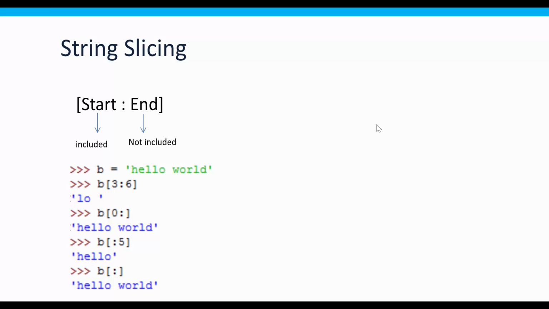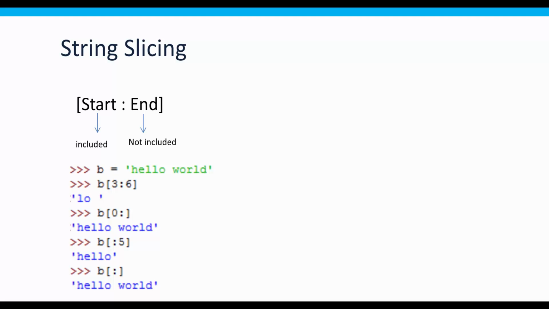Slicing allows us to obtain a part of the sequence. It is supported by both the strings as well as the list. Now the notation for slicing is, there are two numbers, start and end, which is separated by a colon. The ending index will not be included in the final substring.